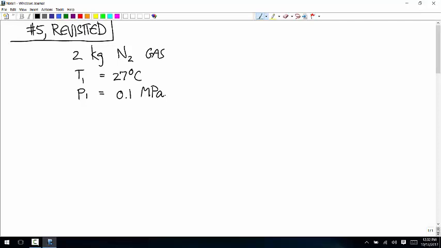We're given that there was electrical work done at a rate of... so this is electrical. This was added to the gas, so this is going to be negative. Negative 0.12 times 10 to the third watts. That's just given.